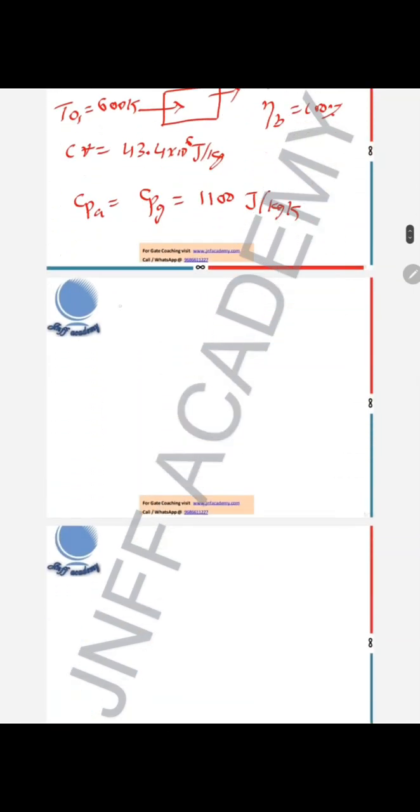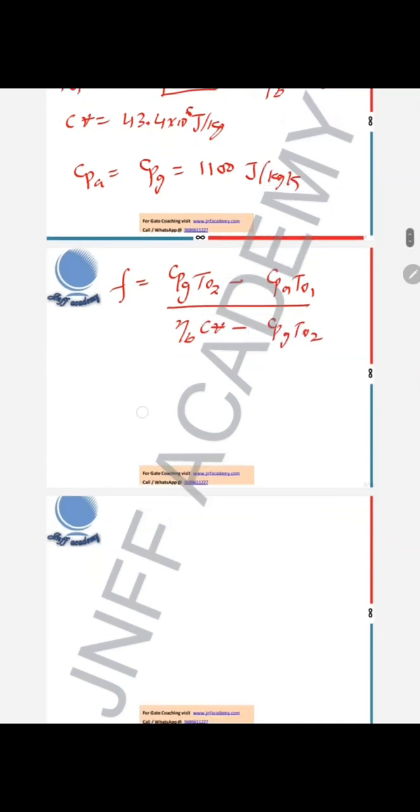So we know the fuel to air ratio can be obtained as Cp of gas into outlet temperature minus Cp of air into inlet temperature, divided by burner efficiency into heating value of the fuel minus Cp of gas into outlet temperature. Since Cp is the same for gas and air, we take Cp of gas outside: T02 minus T01, divided by burner efficiency, which is 1, into heating value of the fuel minus Cp of gas into T02.